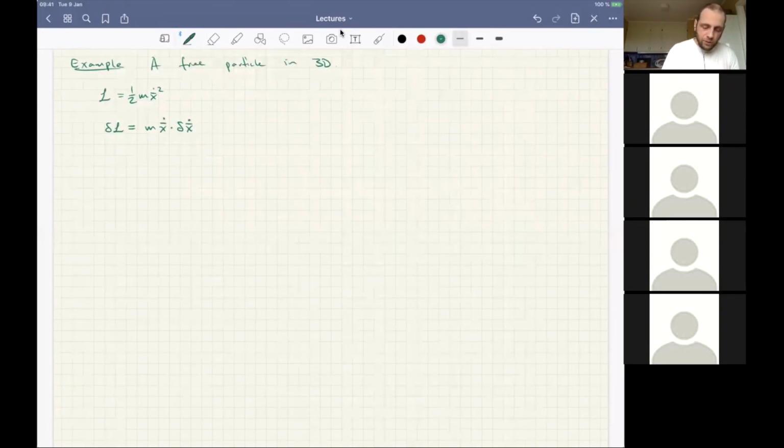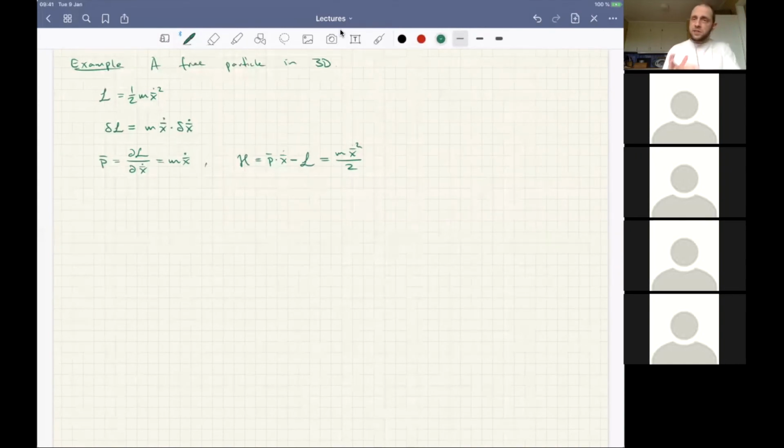And we have that the canonical momentum p, well, that's ∂L/∂ẋ, which is just your normal momentum, m times the velocity. We also have that the Hamiltonian is p times ẋ minus L, which is just going to be m ẋ squared over 2 again. So the Hamiltonian is equal to the Lagrangian when we don't have a potential.